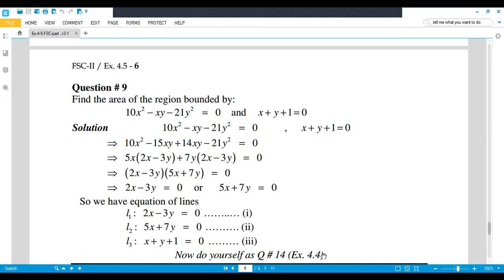Just like exercise 4.4 question number 14, x divided by the determinant of the coefficient of y and constant, then equal sign, then minus y divided by the determinant of the coefficient of x and constant, then equal sign, then 1 divided by the determinant of the coefficient of x and coefficient of y. Then you compare the x value with the constant and the y value with the constant, so you will get the area of the bounded region, which I already discussed in the previous lecture.